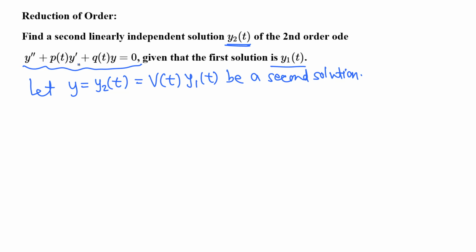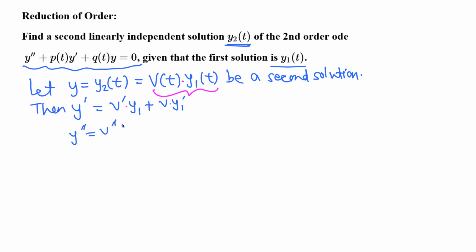For that we need to find y prime. So here we got a product of two functions, that's the second solution. So let's find the first derivative y prime using the product rule. I'm dropping this t, so this will be v prime y1 plus v y1 prime, and the second derivative y double prime, let's use the product rule here and here.